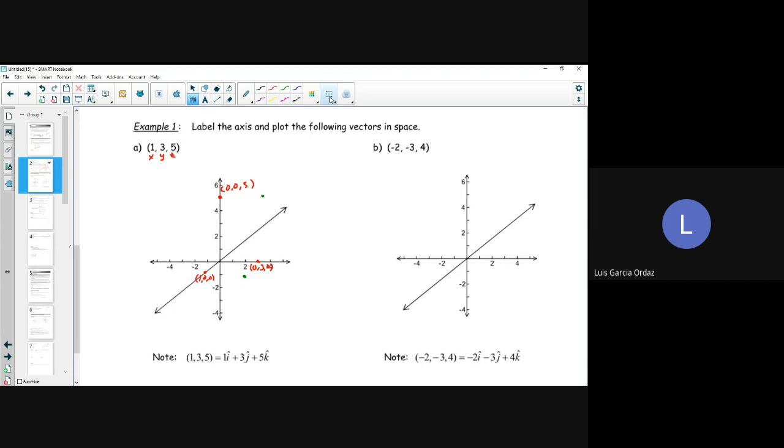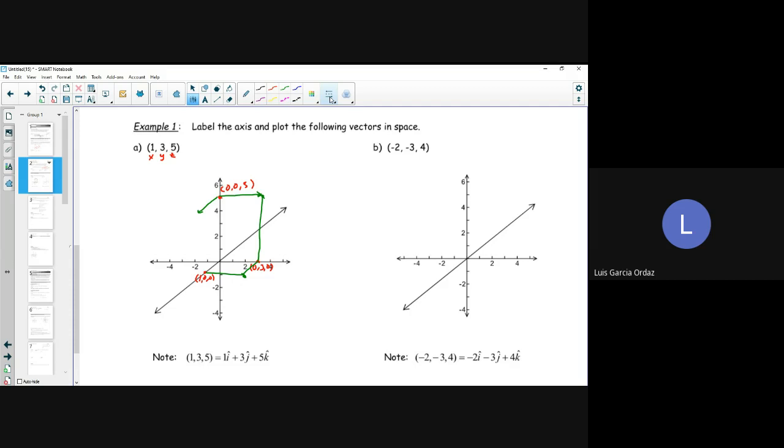So now from here, this is going to be 3 to my right. I'm going to get this guy over here, and I'm going to get this connection right here. So now from here, I can move 1 point to the positive x-axis.